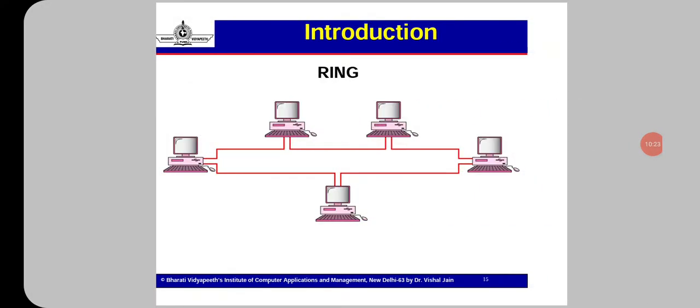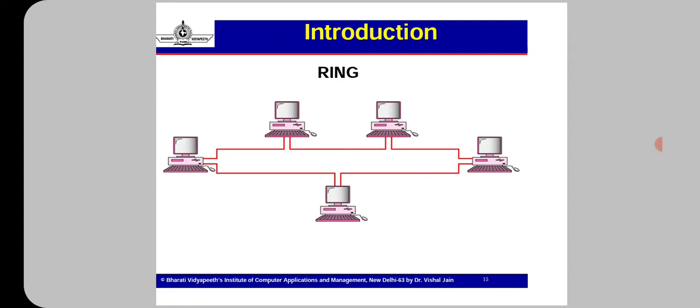Next, the fourth type of network is called a ring network. In a ring network, the network is designed in such a way that the last node or last computer is connected to the first node, so that it forms a ring.